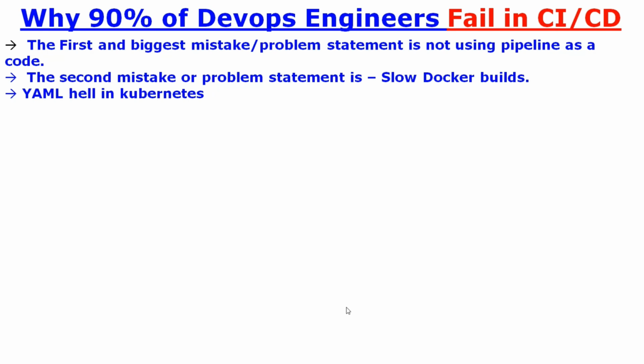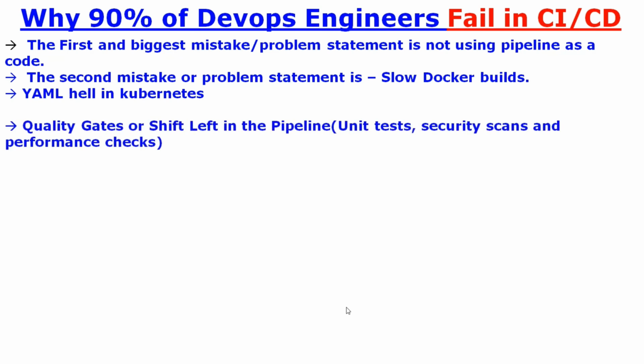How can we overcome these problem statements? This is where we need to add a quality gate in our CI/CD pipeline. That means before deployment, your code should automatically pass through unit test cases, security scanning, quality testing, and performance checks.